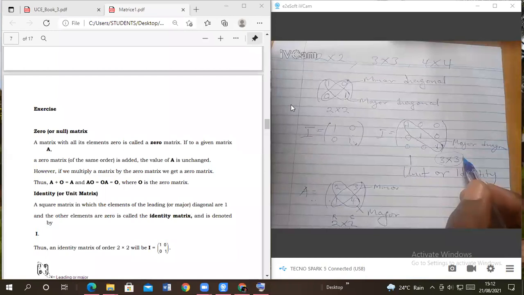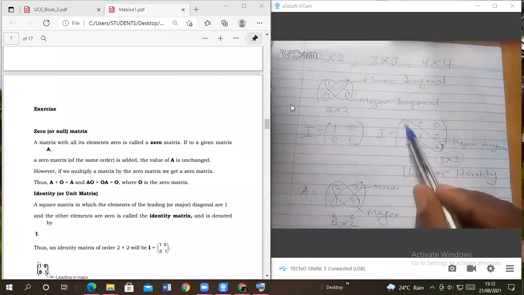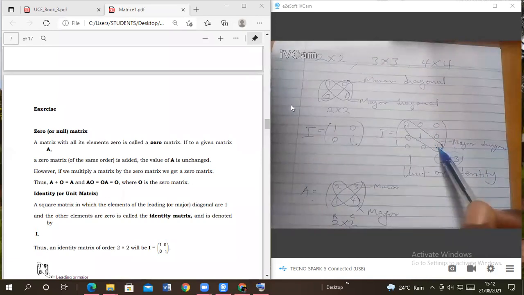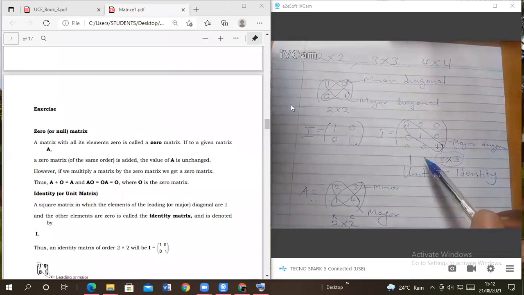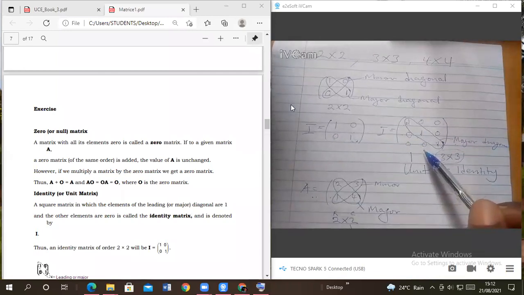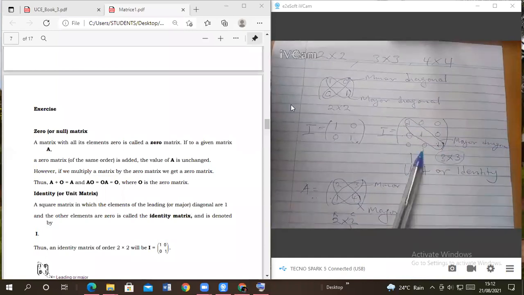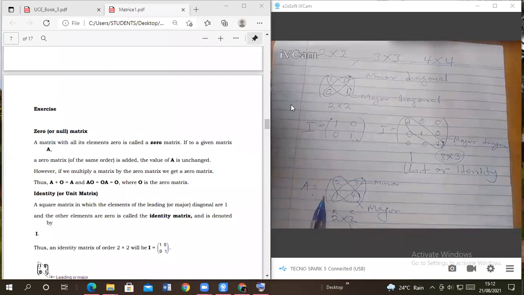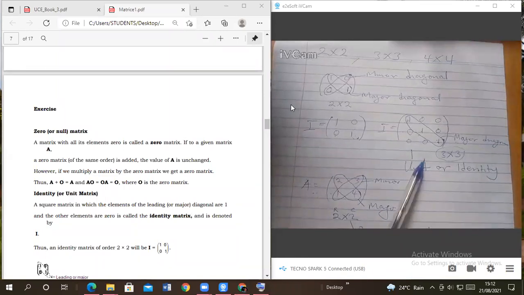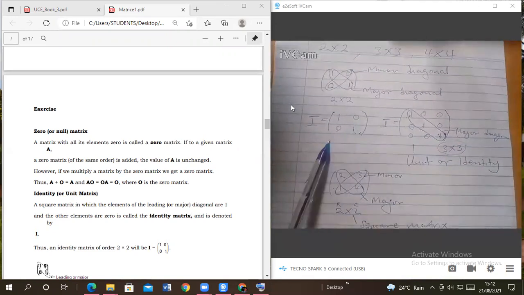And to qualify as an identity matrix, it must have all the entries in the major diagonal as ones and the rest of the entries as zeros. So this is identity, this is identity, but this one here, A, is not an identity matrix. But all these matrices I have here are square matrices. Are you getting the difference?